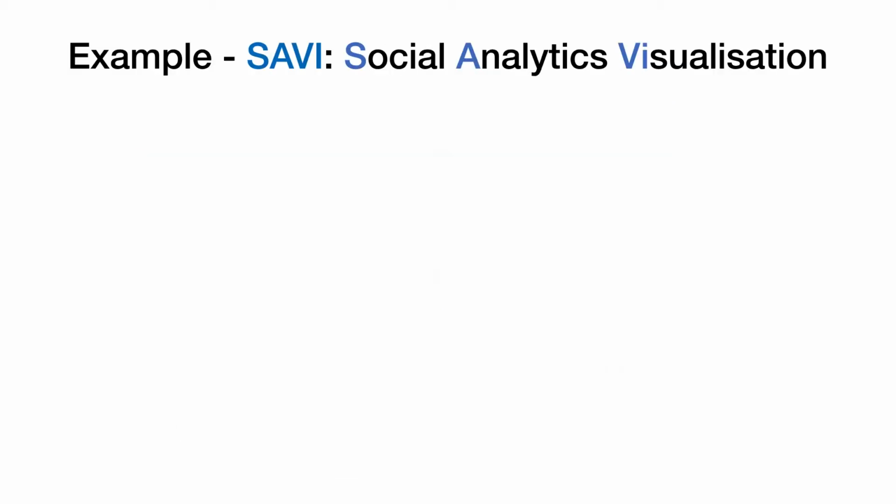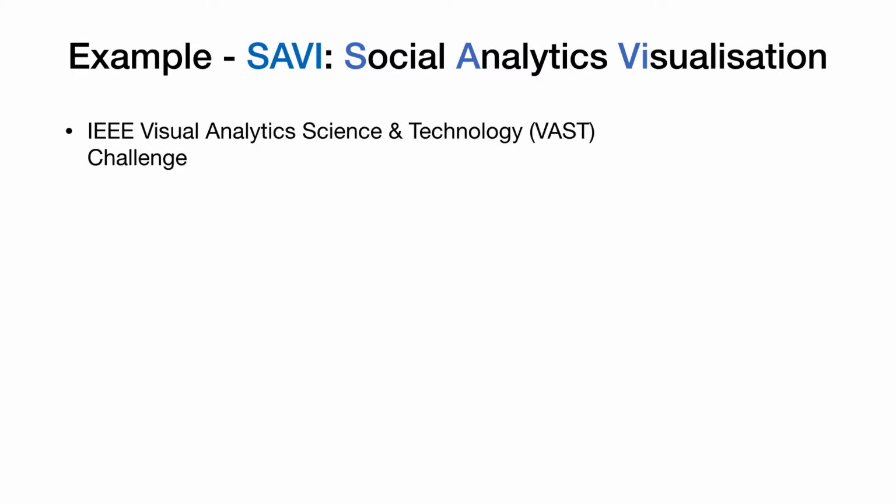The first one is called SAVI, which stands for Social Analytics Visualization. It is a visual analytics tool designed for social media analysis. It was initially designed for the VAST Challenge, which stands for IEEE Visual Analytics Science and Technology Challenge.